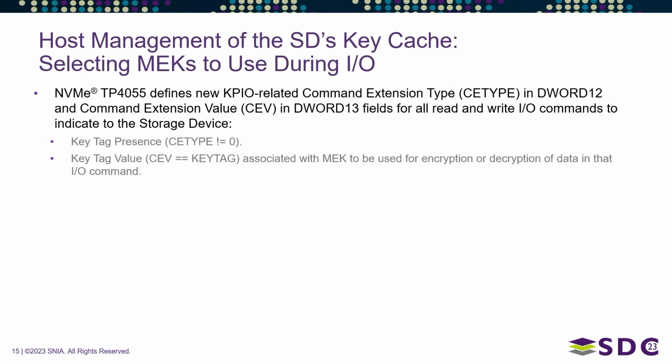It's saying, I want you to put the key in location 1 for the namespace 1 part of the key cache. But it is important that the host actually does know what namespace ID is being used and that the drive has been made aware of that, because that combination is essentially used for the access of the cache.